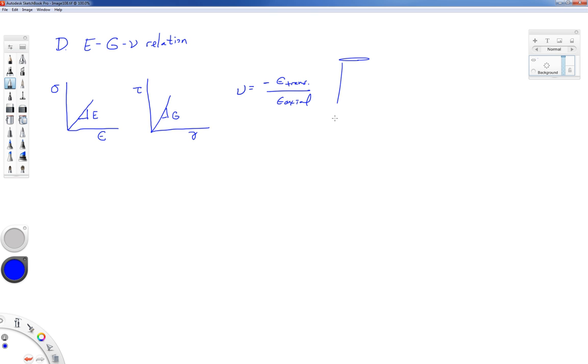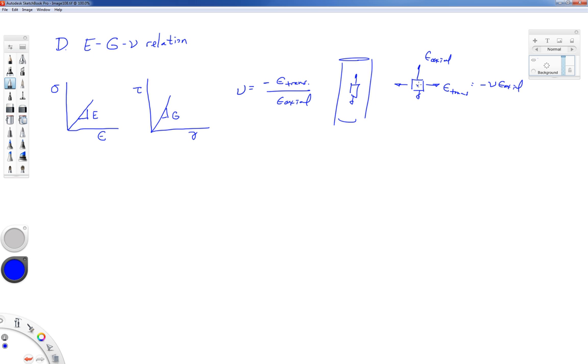So again, in a tension test, we have a state of stress that is pure uniaxial, but we develop strains that are axial and transverse. Now I'm drawing these arrows coming out this way, but the transverse strain is equal to minus nu times epsilon axial.